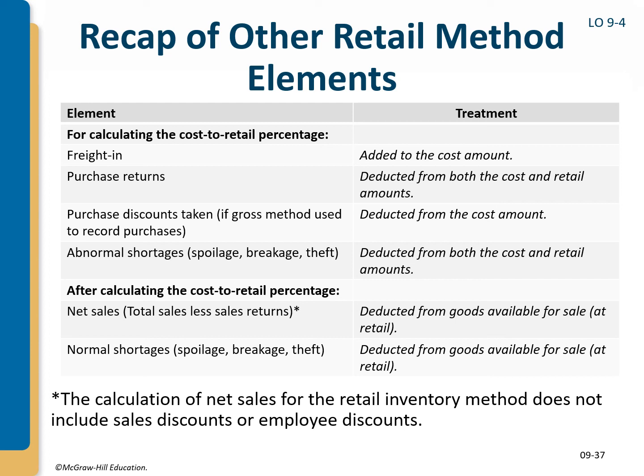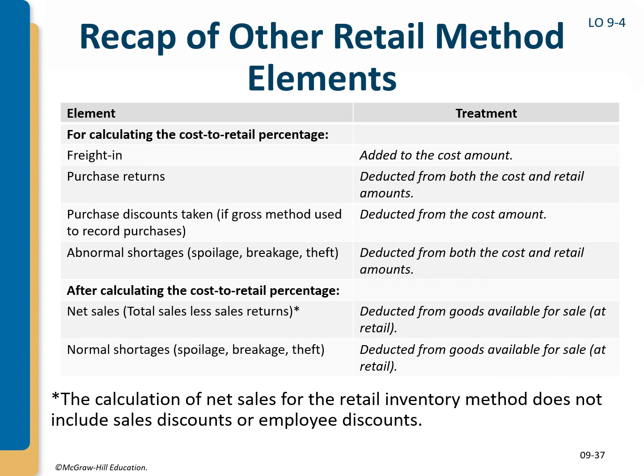After calculating your cost to retail percentage, net sales, so total sales less sales returns. That amount is already deducted out of our retail. Normal shortages. So up at the top are abnormal.